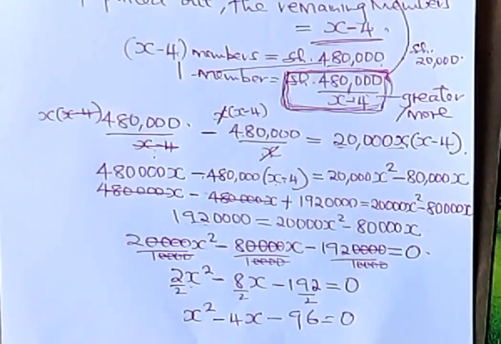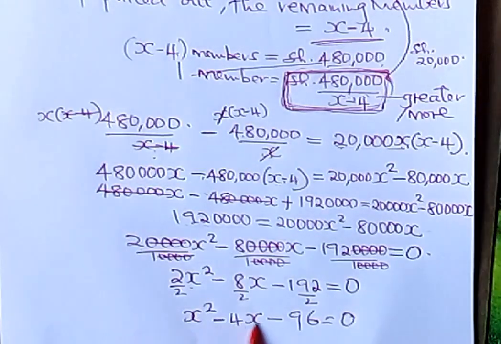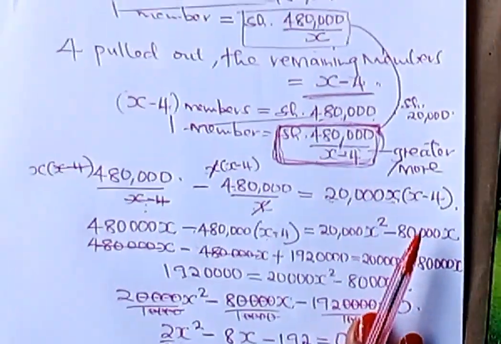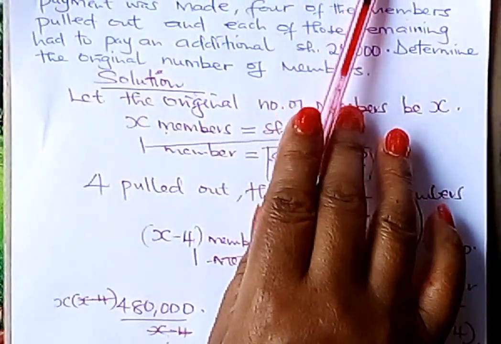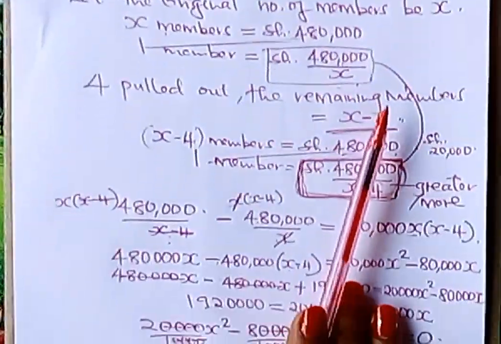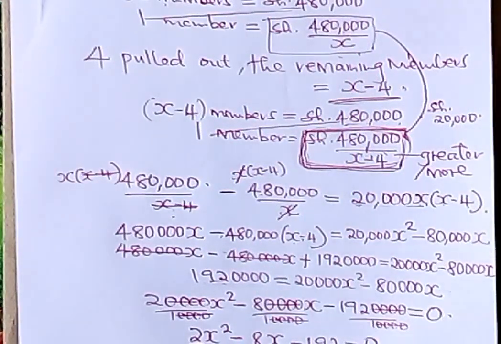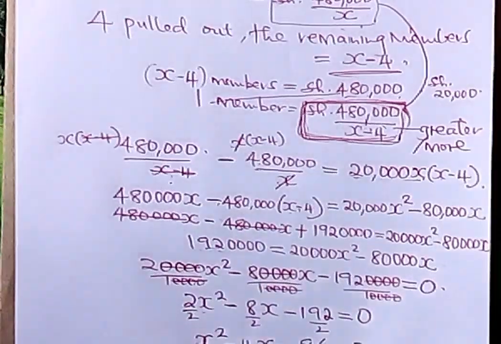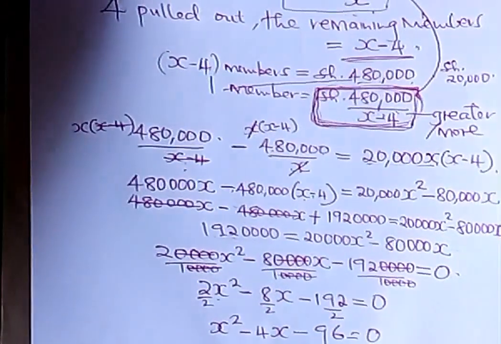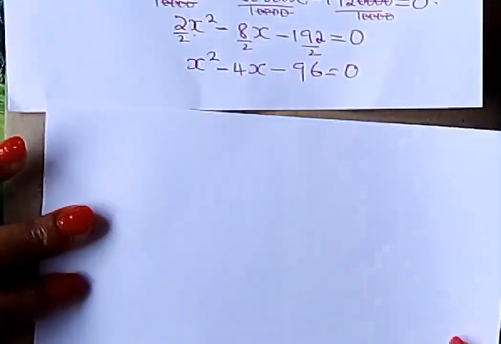So we have formed a quadratic equation here. Remember our topic here, learner, is formation of quadratic equations from given situations. We have formed a quadratic equation here that we now need to solve to get our x. So learner, let us solve this equation.